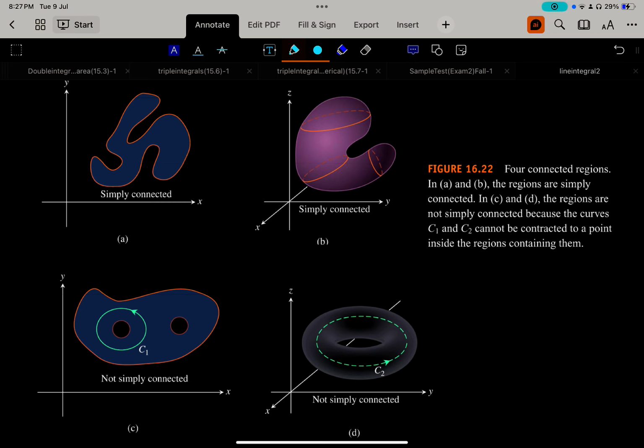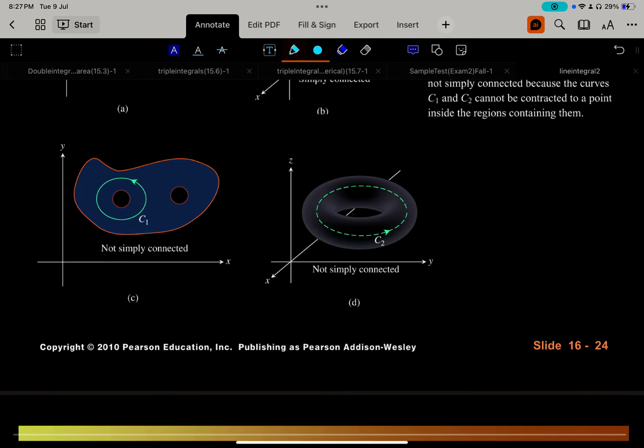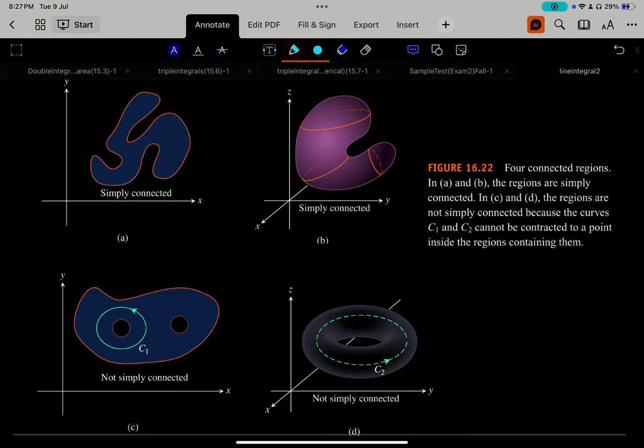Okay, so let's just see some regions here. Region A is simply connected, region B is simply connected. These are simply connected regions since they do not intersect or cross. This is a region in 2D. They do not form a loop, they're just a region.